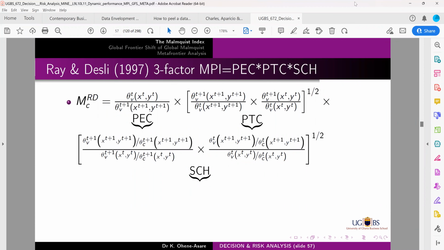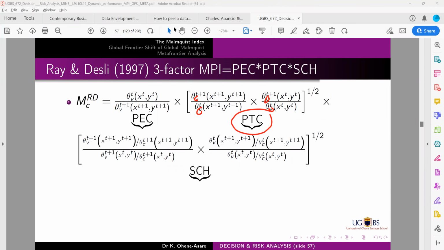And so he brought VRS into the picture, and I want you to take note here. He brought VRS for the technological change, but he focused only on VRS, V alone. So the technological change is the technological change coming from the VRS frontier. It is a shift of the VRS frontier and not a shift of the CRS frontier.